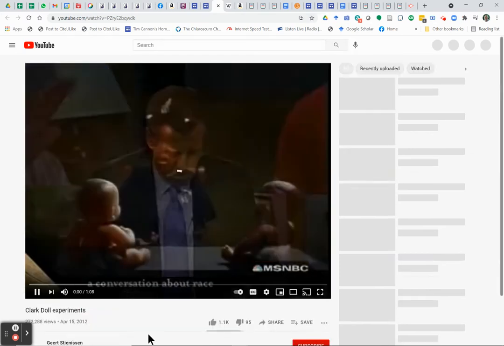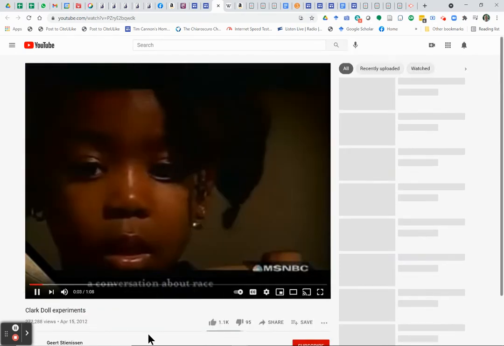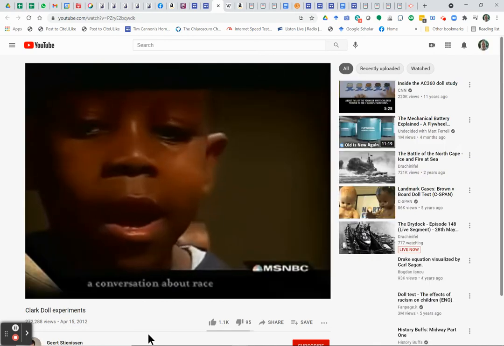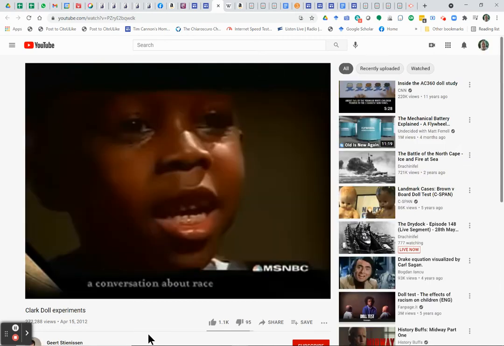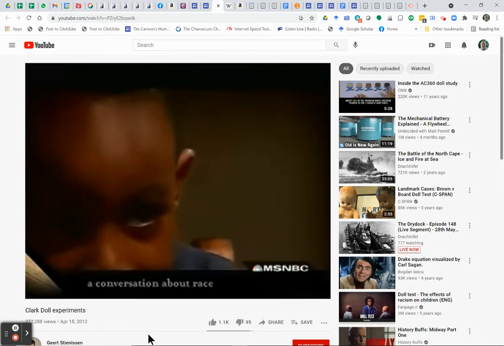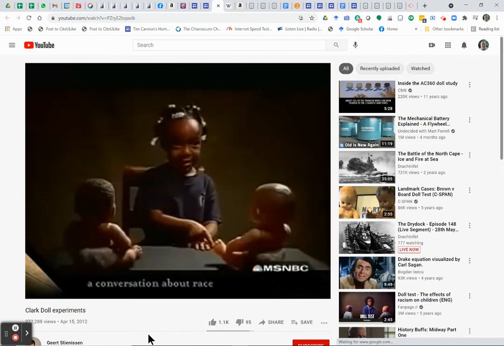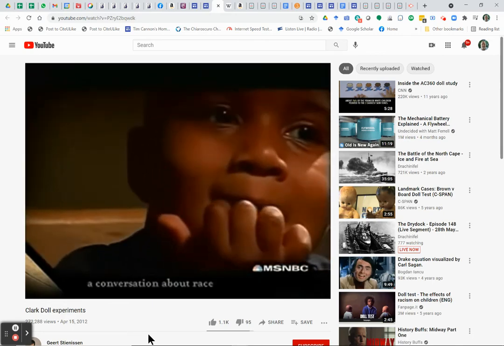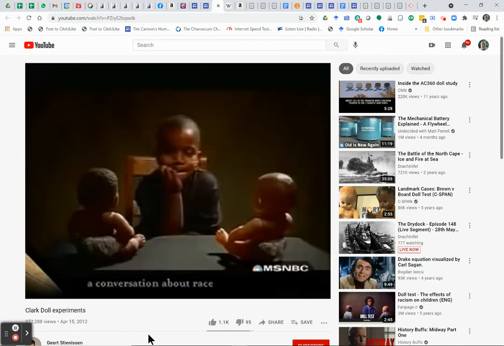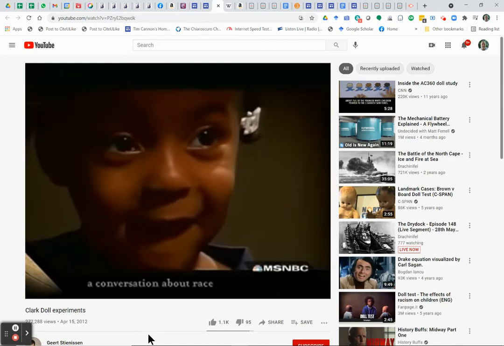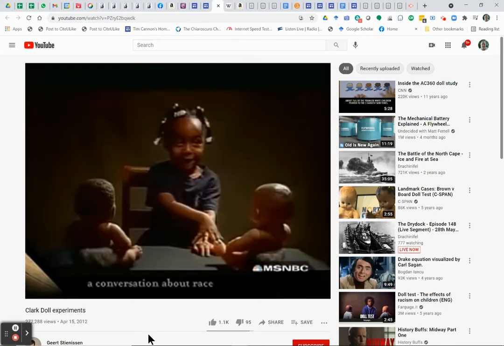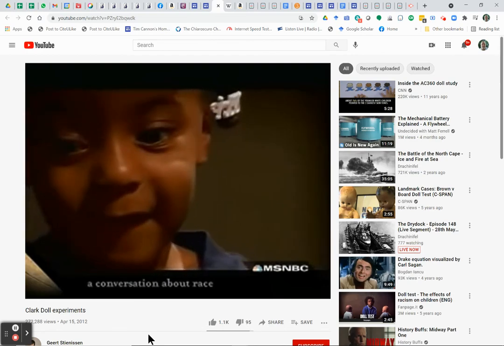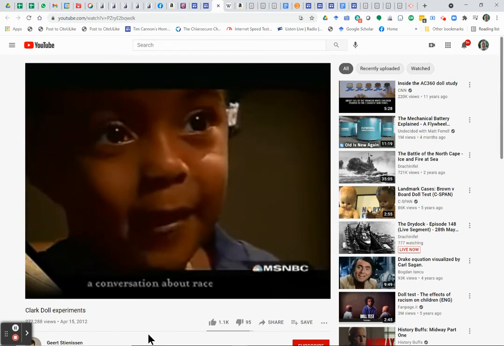Which doll is the black doll? And which one is the white doll? That one. Which doll is the pretty doll? Which doll is the nice doll? Which doll is the bad doll? Which doll is the nice doll?